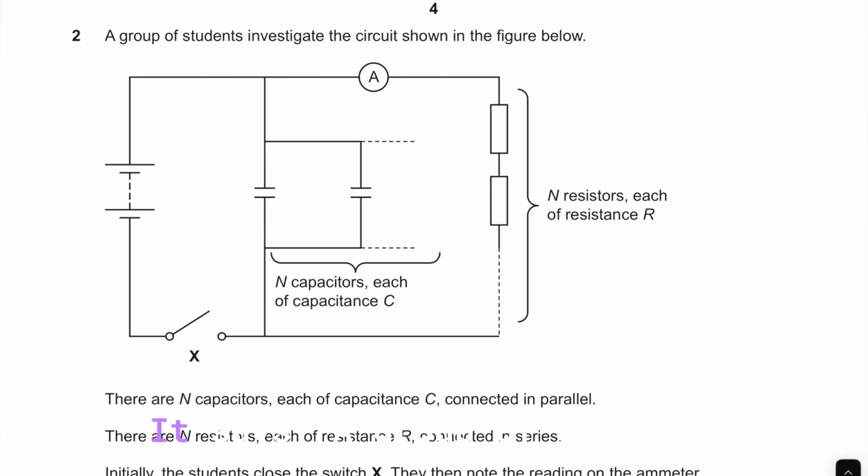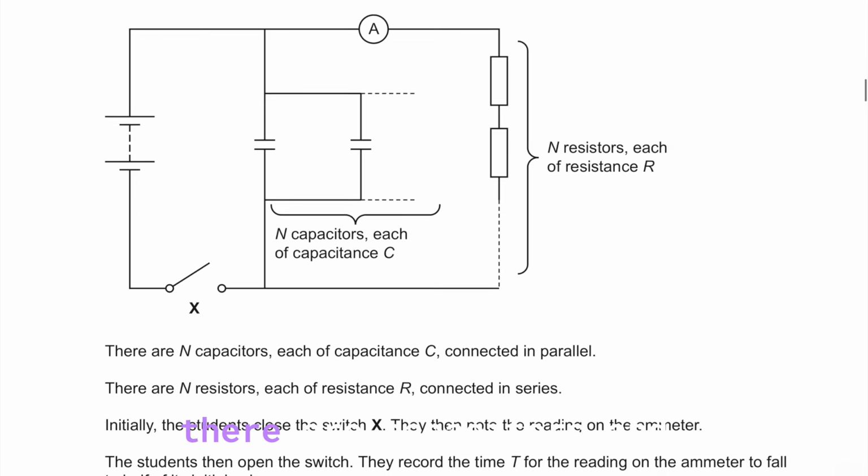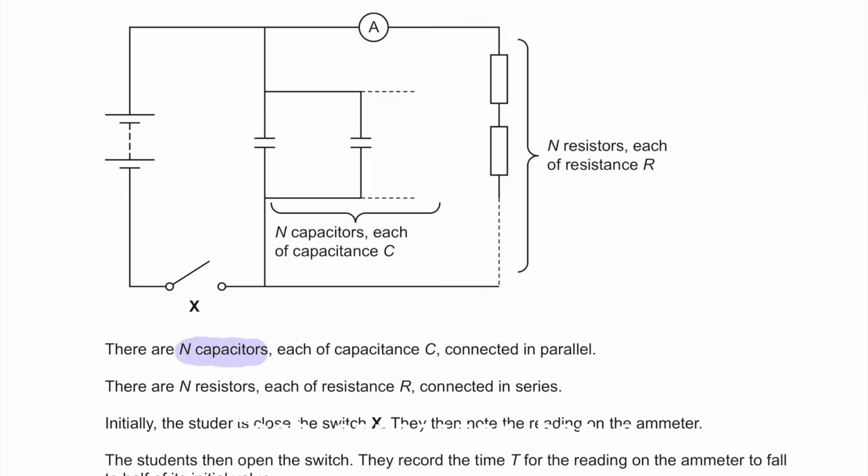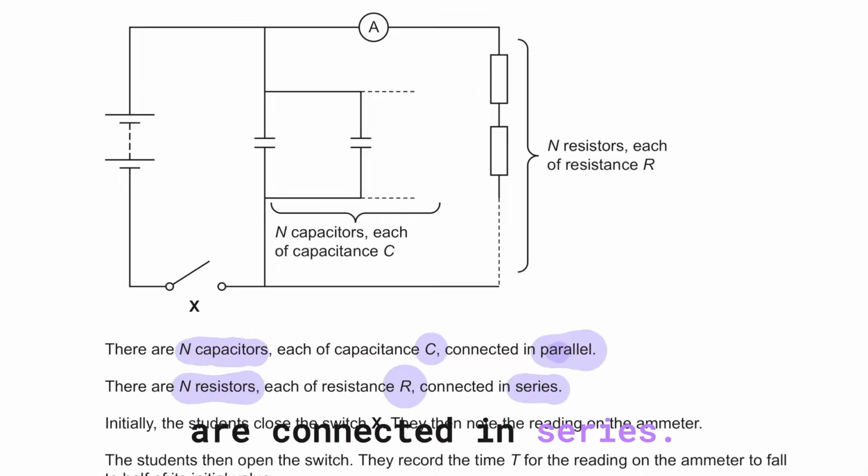Number 2, it says a group of students investigate the circuit shown in the figure below. There are n capacitors, each with a capacitance of C connected in parallel, and there are n resistors, each with resistance R connected in series.